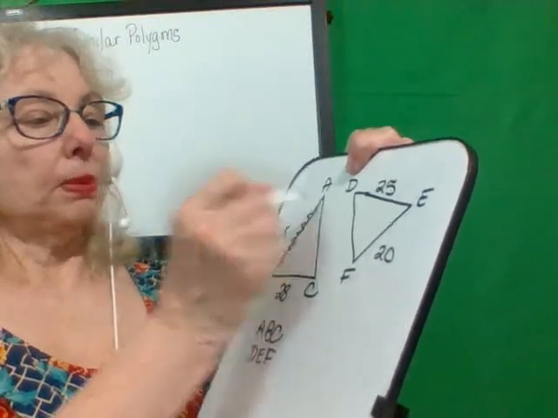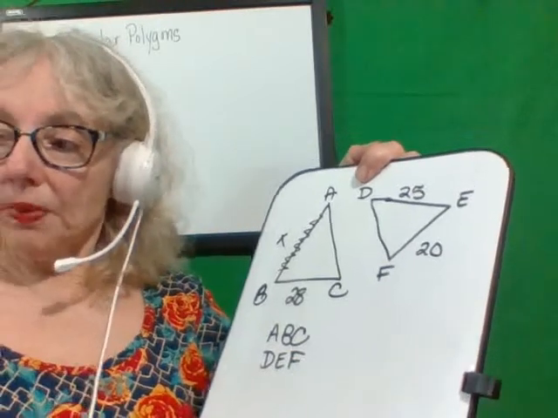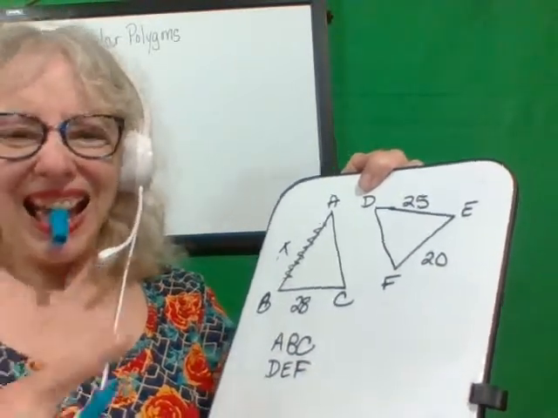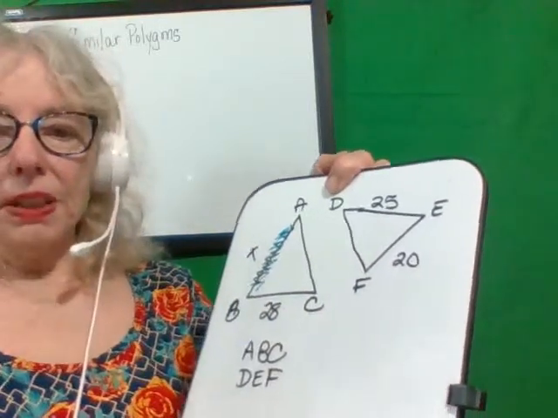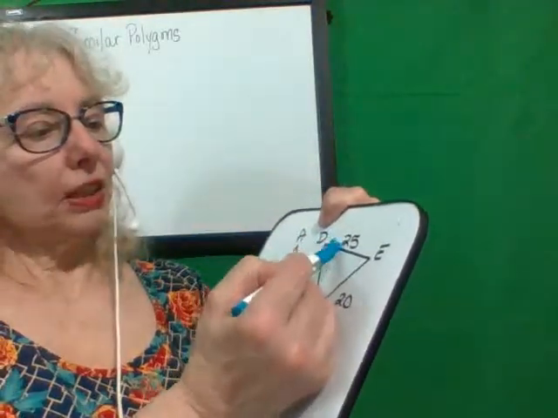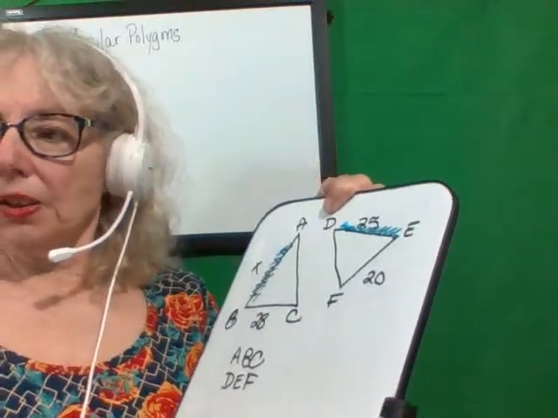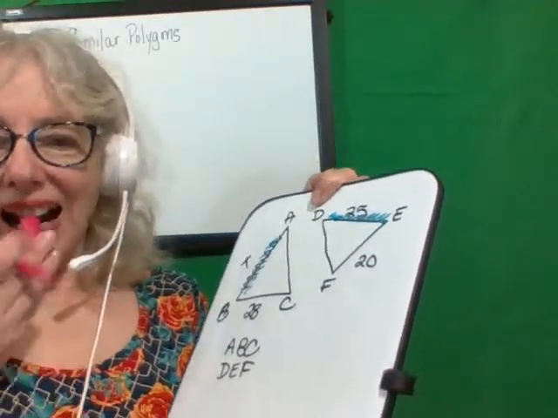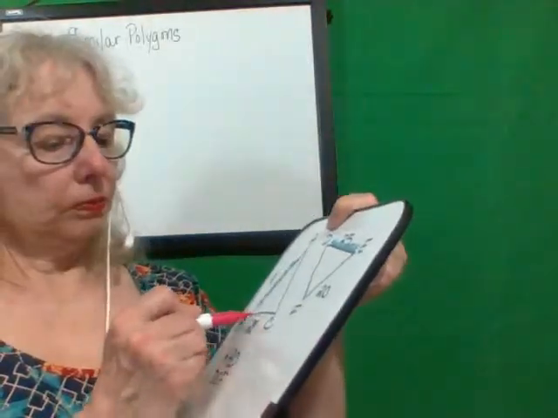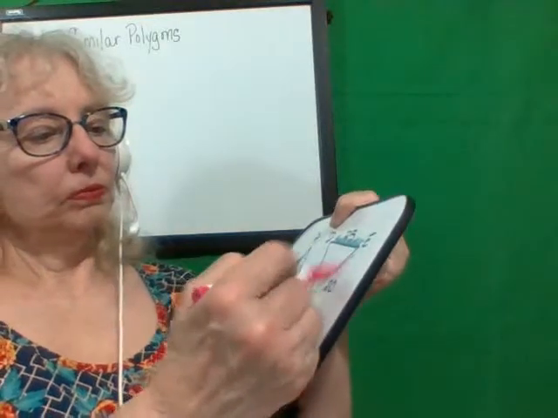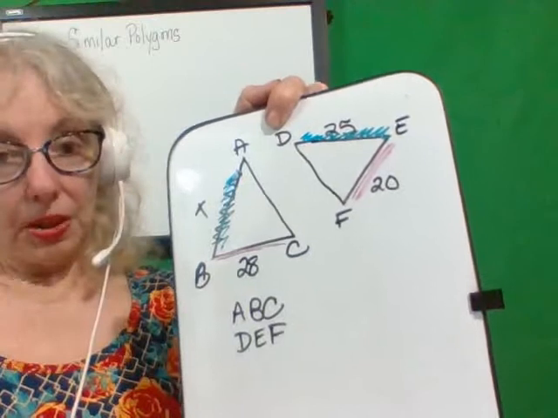So here's AB. Actually, I have some colored markers. Let me grab them. AB matches with DE. I got a nice pink. So B to C matches with E to F. Again, it's nice to be able to color code these.